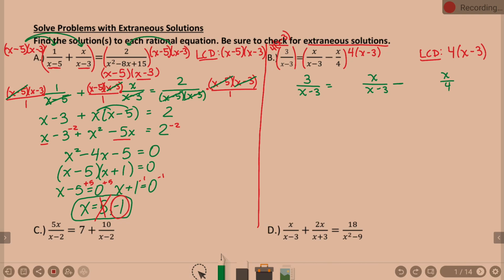What am I putting in each of those spaces? What are we multiplying each term by? Each term is getting multiplied by 4 times x minus 3. 4 times x minus 3. And 4 times x minus 3. How do we make 4 times x minus 3 a fraction? Put it over 1.